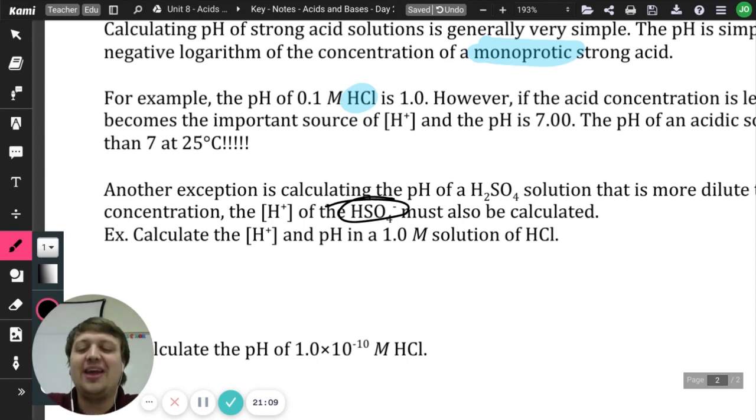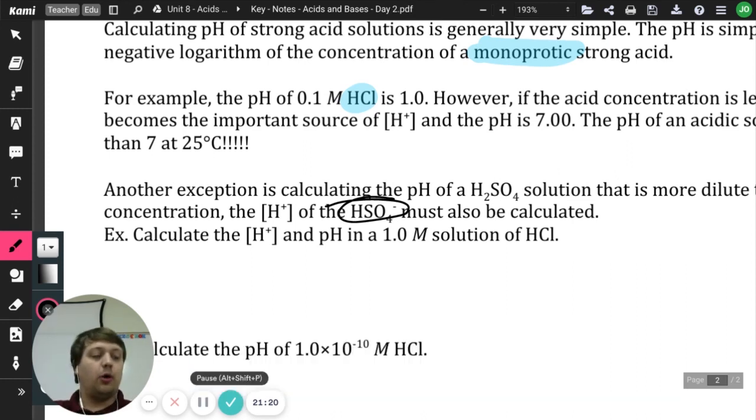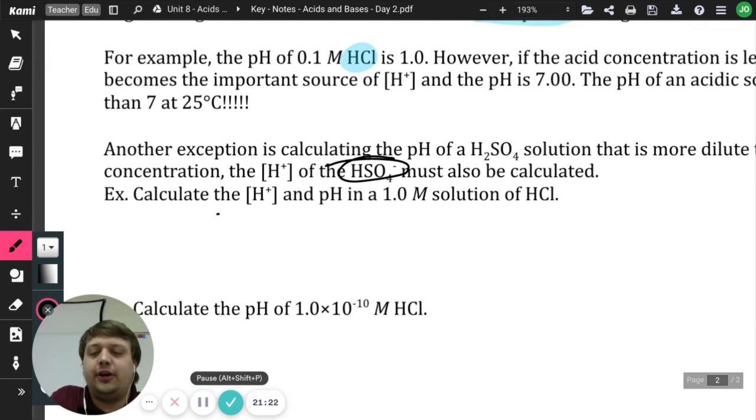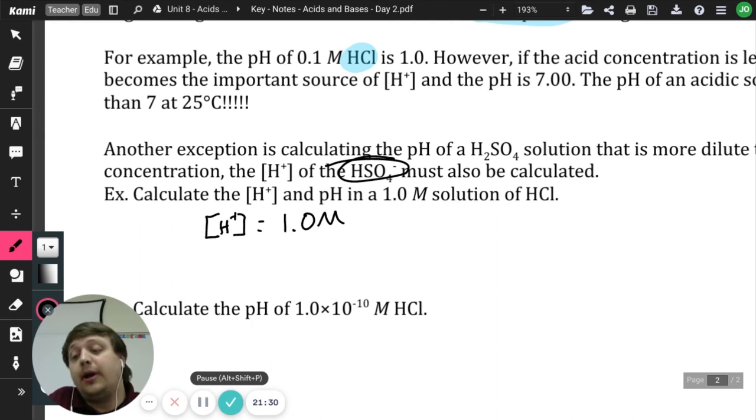Now, before we actually move on, let's just focus on some monoprotics here. So it says calculate the hydrogen concentration and pH in a 1 molar solution of HCl. Well, first off, my hydrogen concentration is going to be equal to 1. Why? Well, because this is my source of hydrogen. It is in a 1-to-1 ratio there.